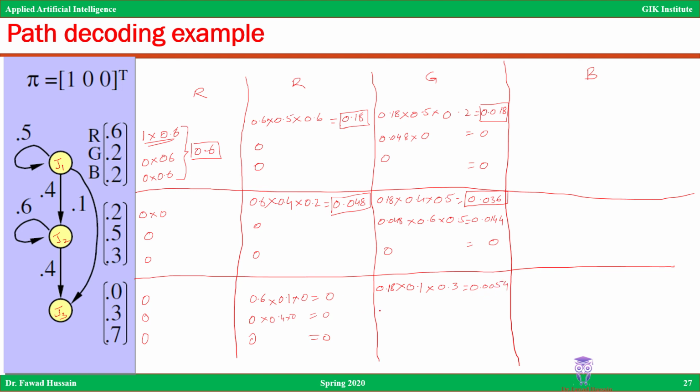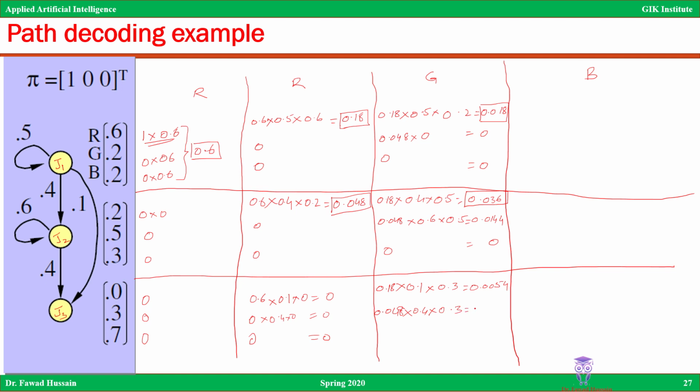And the second option is 0.048, assuming I am coming from the second jar, multiplied by 0.4, and multiplied by 0.3.